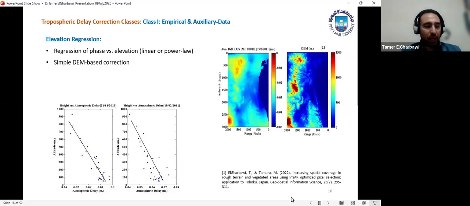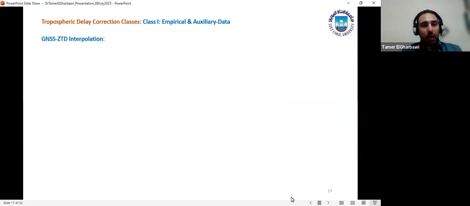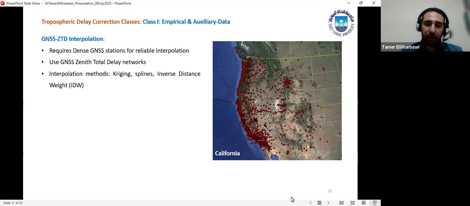but it is highly not recommended for many accurate applications. So in order to refine this, we have the GNSS zenithal total delay interpolation. To correct the interferometric SAR for the atmospheric delay, we need a dense GNSS network, using the atmospheric delay observed by the GNSS to correct the atmospheric delay in the InSAR.